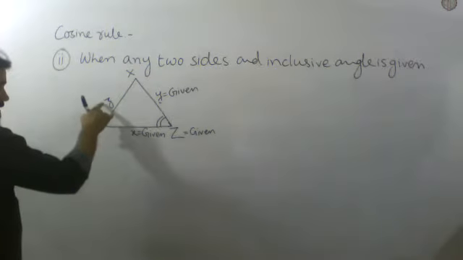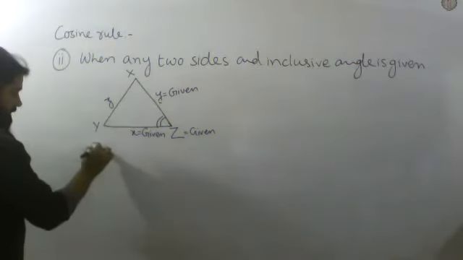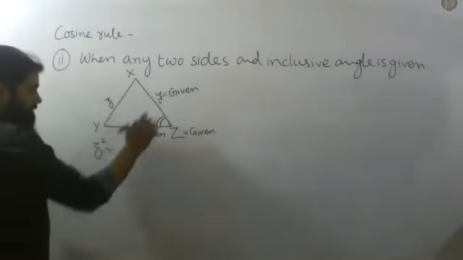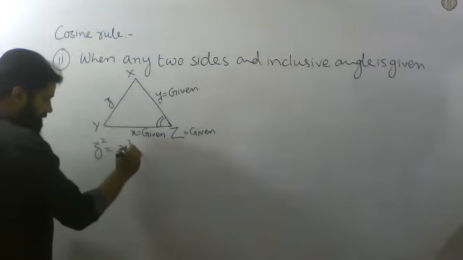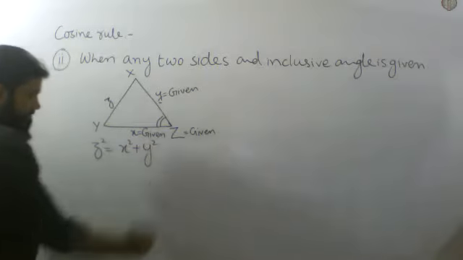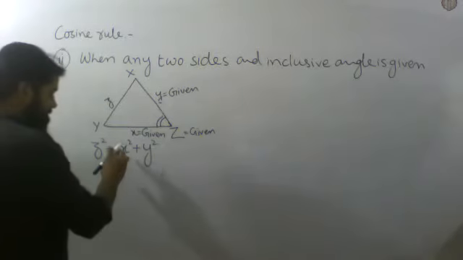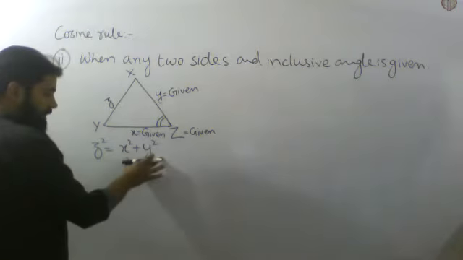This will be written unknown one, z square equals to the one which are known. First of all, you will write them in a squaring form. Okay. Then positive squaring form you have written.